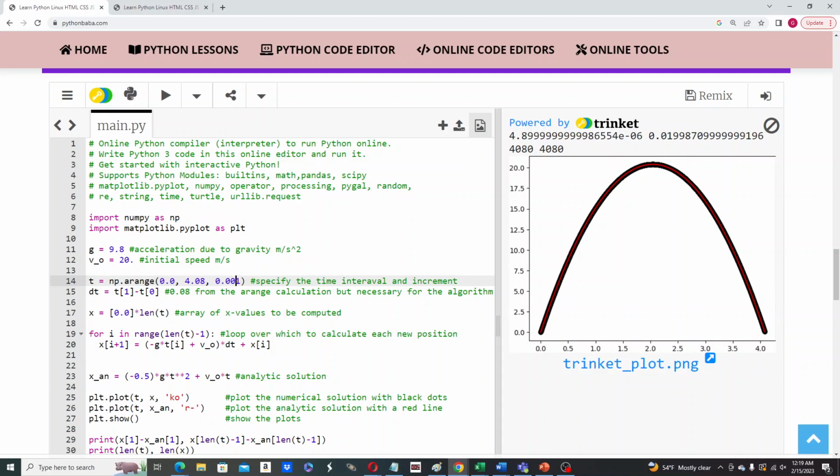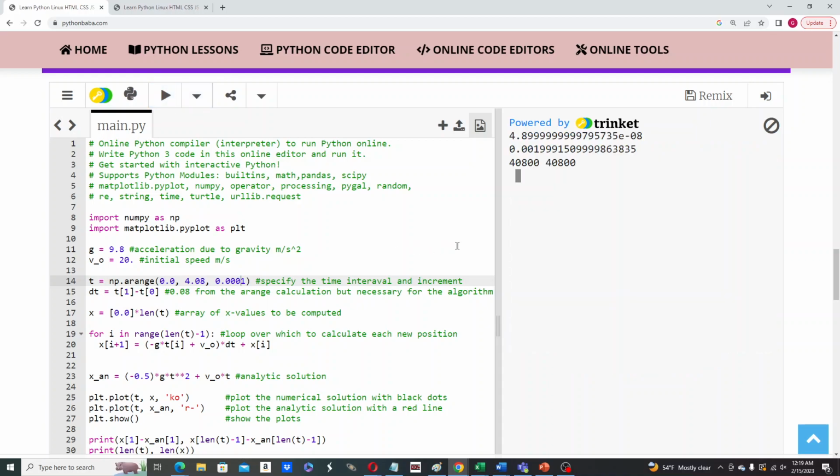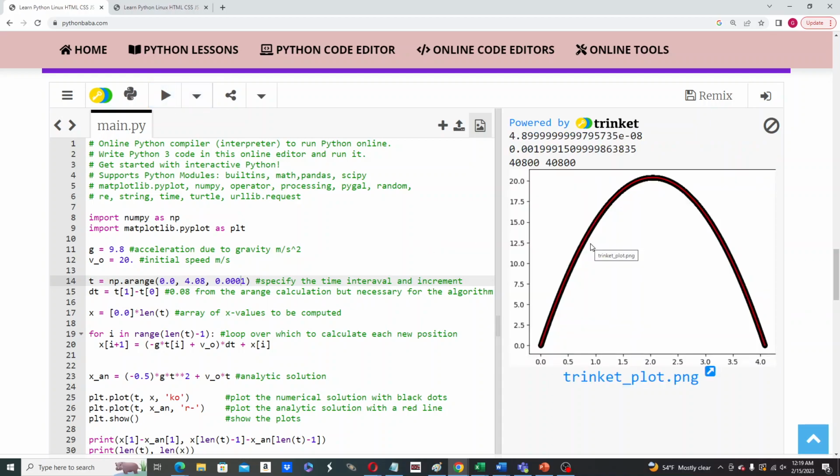You could definitely play with this and see what happens. Python is relatively fast, so even if you're using the online version, it should execute a lot of your code relatively quickly without too much problem.